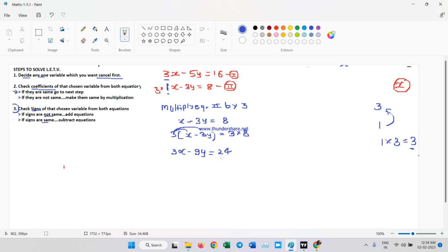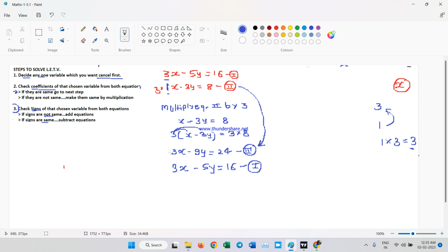I'm getting another new equation, so I will name it equation number 3. Now I'm going to solve equation number 3 with equation number 1. Obviously I will not reconsider equation number 2, because equation number 2 has now modified into equation number 3.